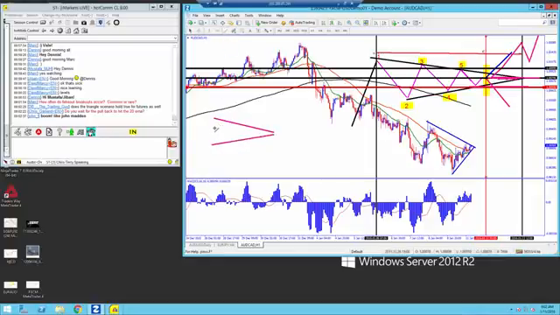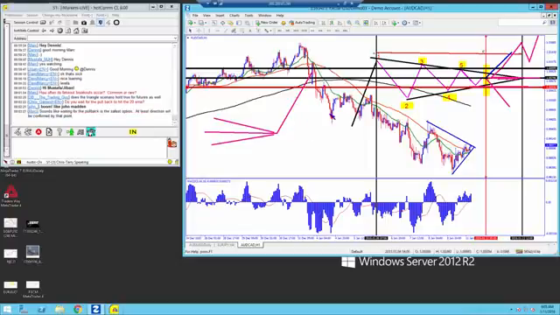So the longer the line, the longer the flight. Longer the line, the longer the flight.